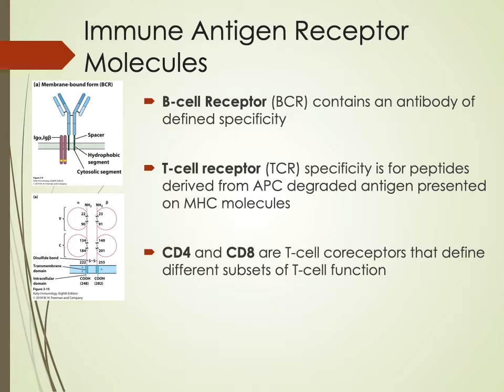Okay. We then have co-receptors, these accessory molecules like CD4 and CD8. These work with the T cell receptor in order for the signaling that needs to occur for there to be a response.